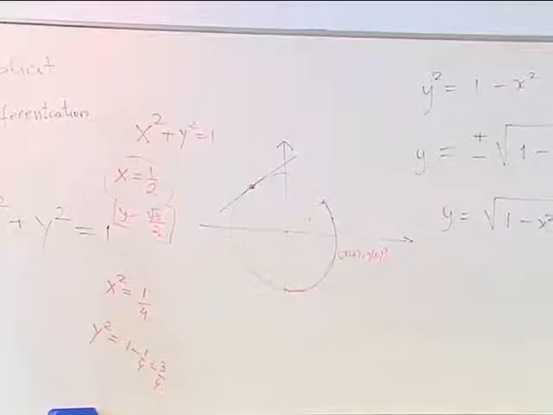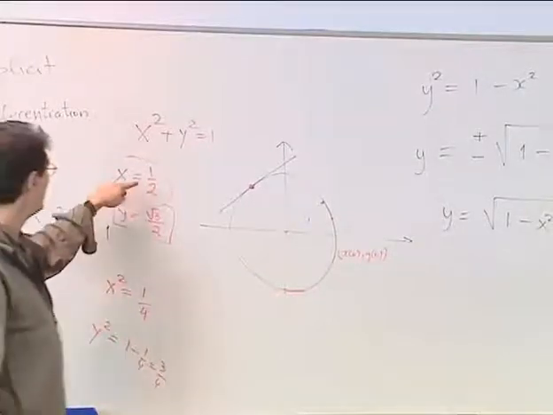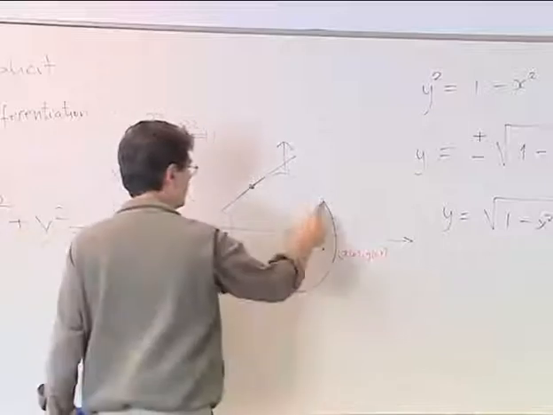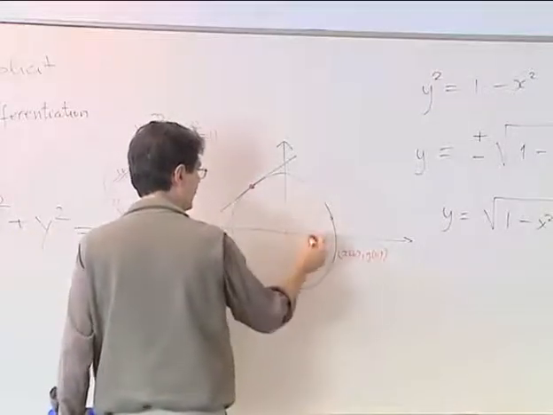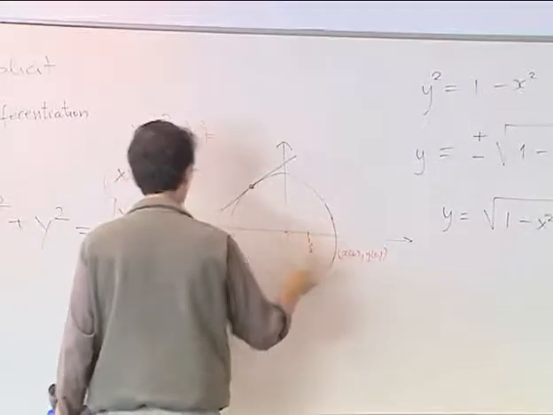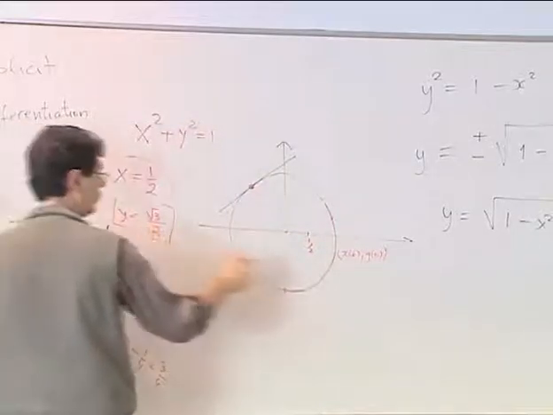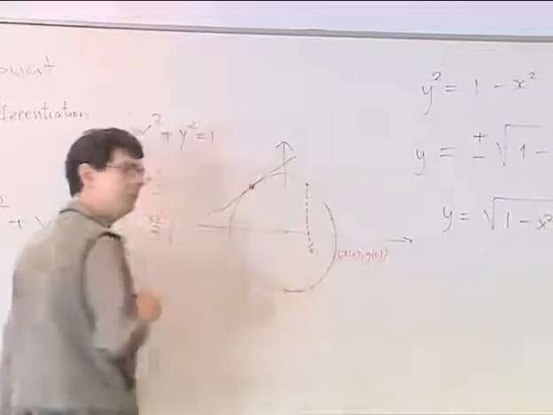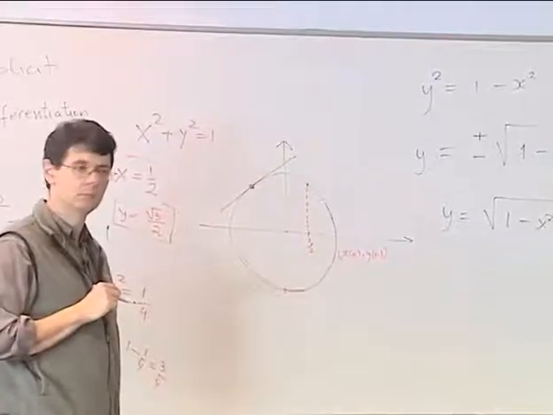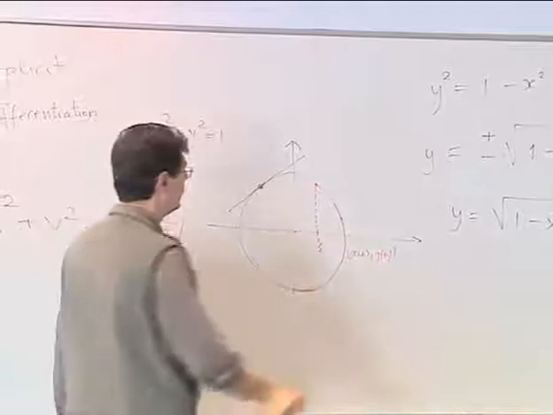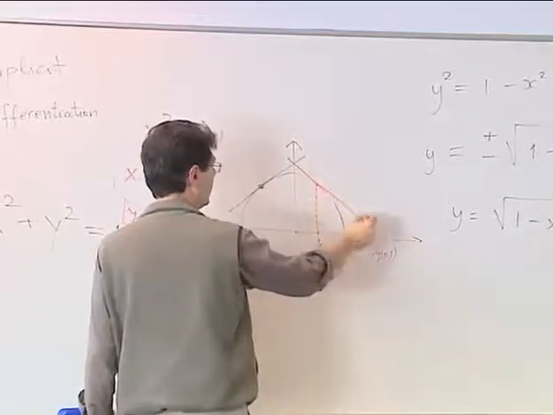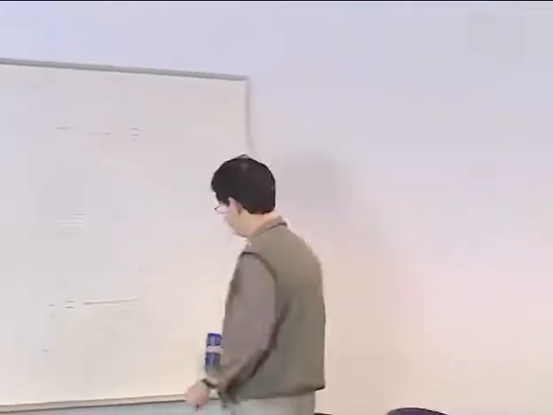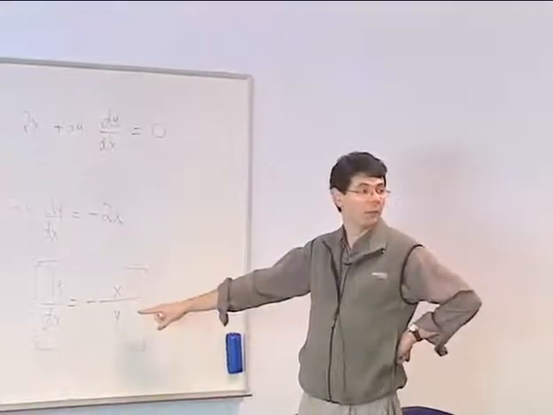Okay? Where is this? Well, x is 1/2, so it's here. And y is square root of 3 over 2, which is that height over there. What's the slope of a tangent line that you can draw here? This formula here is telling what the slope is.